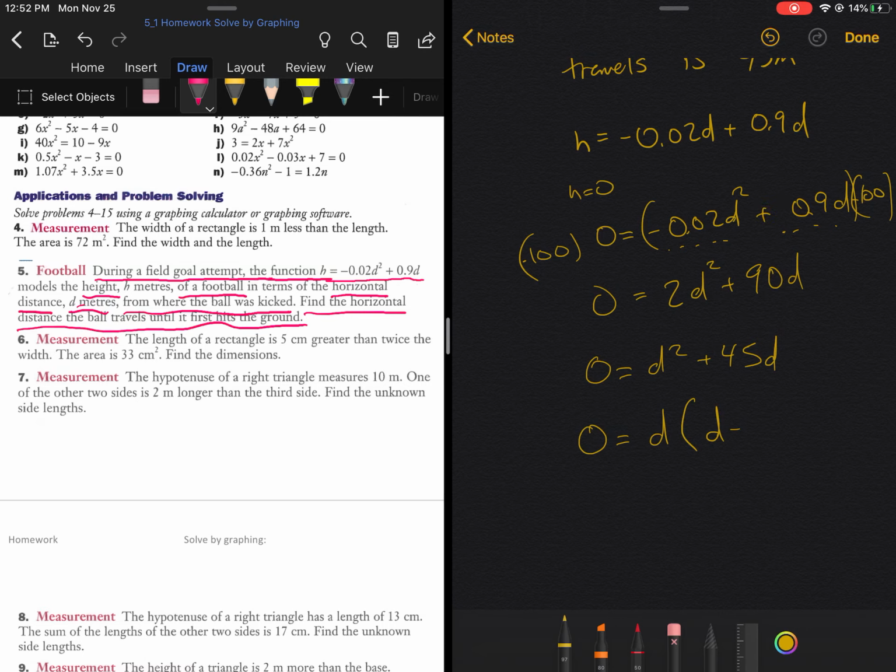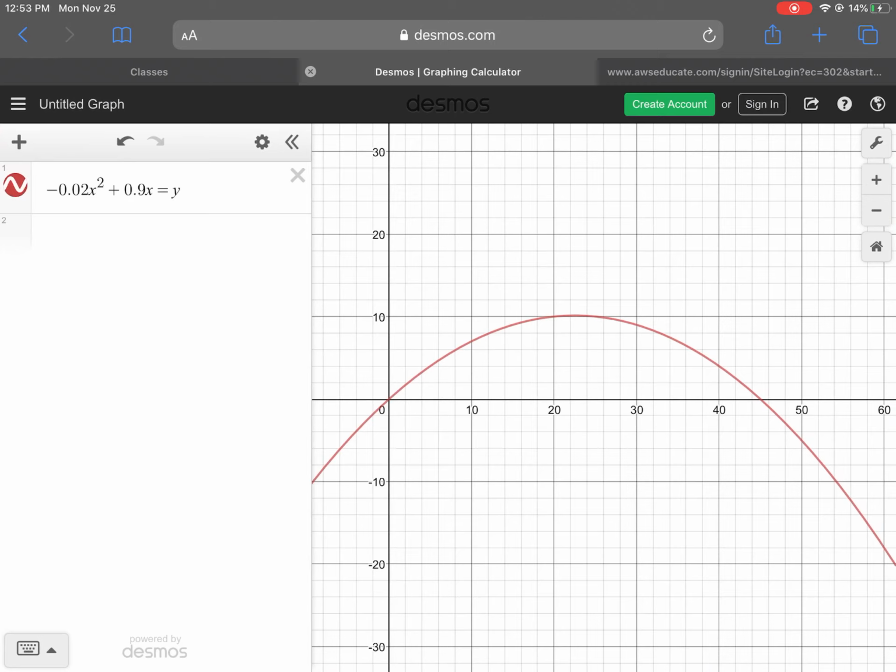Because it's minus 100. See, that's why we should be clean in our writing. I really should be more clean. But anyway, I catch my mistakes. You guys have to be more clean in your writing so that you don't miss your mistakes. Look, when is that equal to 0? 0 times anything is 0, so d equals 0. And here, in order for that to be 0, d equals 45. It's the same thing.